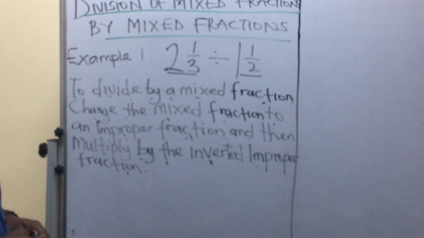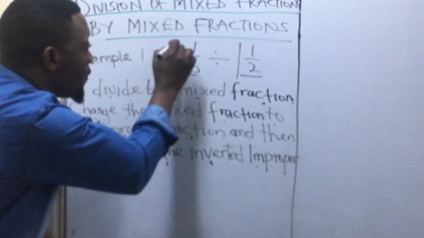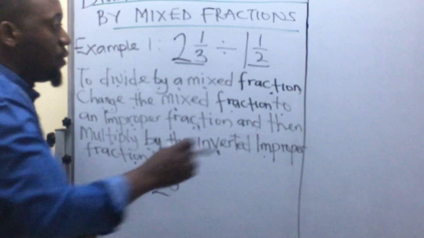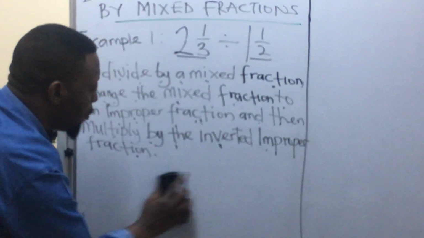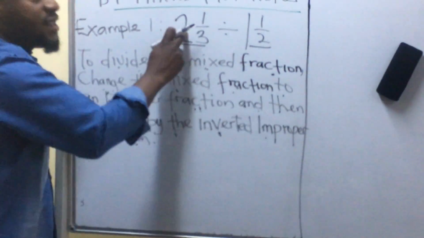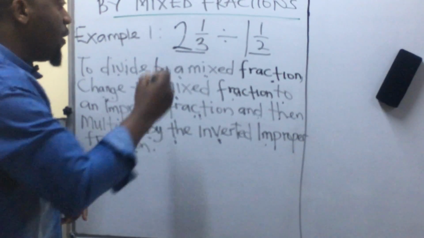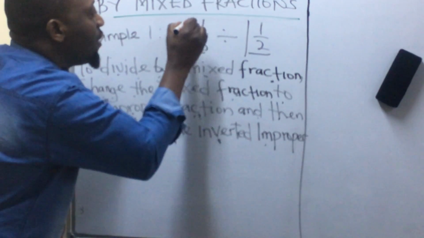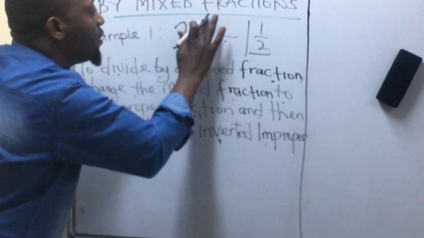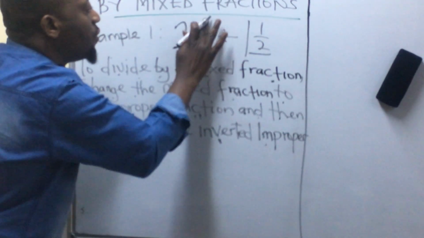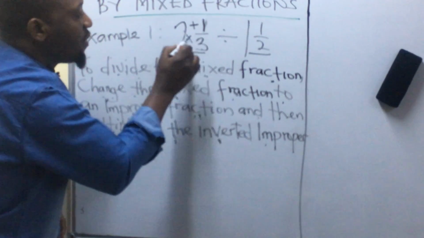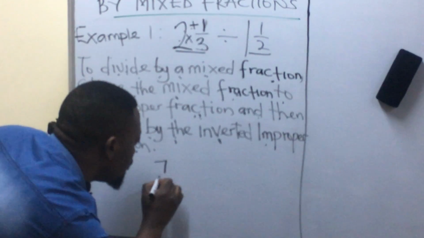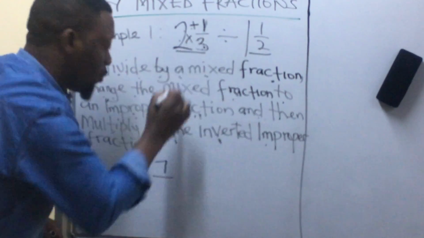This simply means now I have 2 whole number 1/3 here. I'm going to convert this to an improper fraction by saying 3 times 2, then you add whatever you get here to this. This is 3 times 2, 6 plus 1 to give us 7 over this denominator, which is 3.